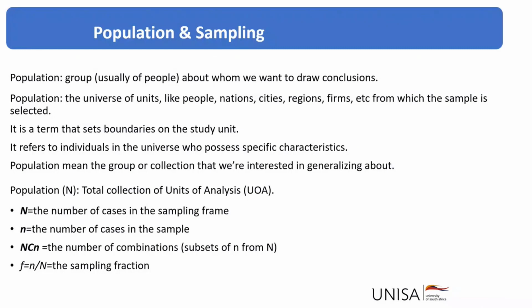And that to me became quite a profound example of how we can look at the population when we say it is a people about whom we want to draw conclusions, or the universe of units like people, nations, cities, regions, firms, etc., from which a sample is selected.